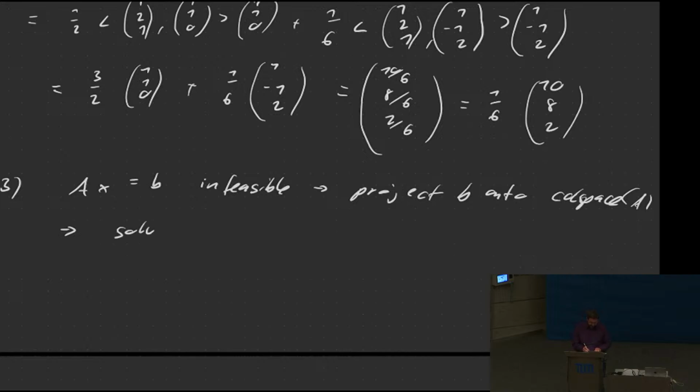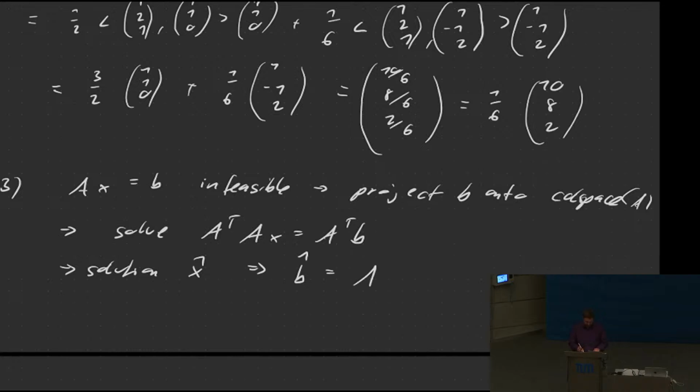We solved the system of linear equations A transposed A x equals A transpose b. We got a solution that we called x hat. And then this projected version called b hat was simply given by A x hat.